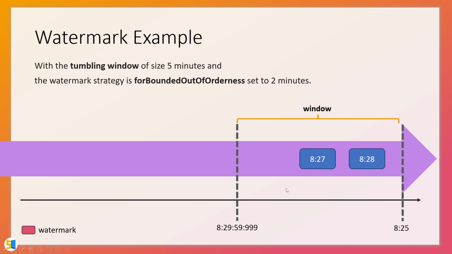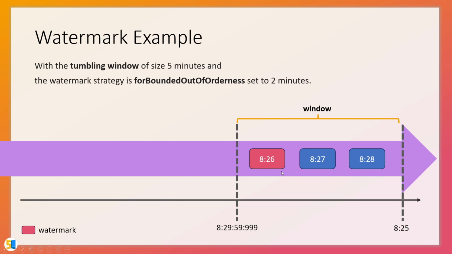The next event arrives. It is out of order, but it is within the window, so Flink puts this event in this window. Then let's say Flink generates a watermark. How does it generate the timestamp?